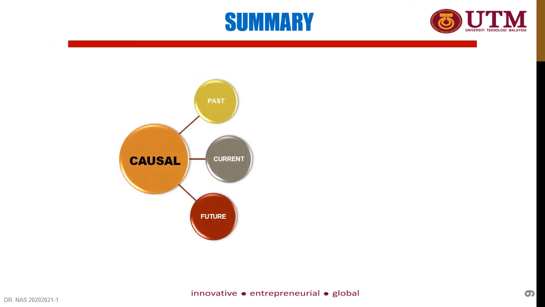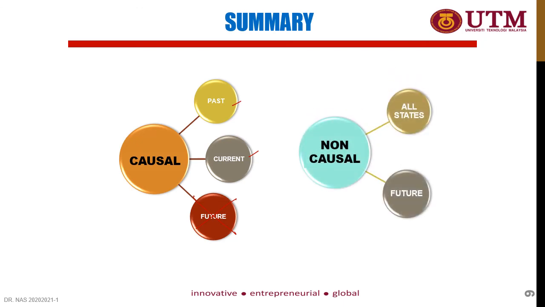Okay, in summary, the system is said to be causal when the equation consists of past states, current state, or a combination of past plus current state. But the causal system cannot have future values at all, only past state and current state.